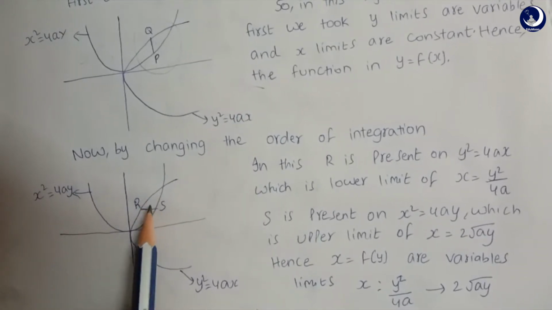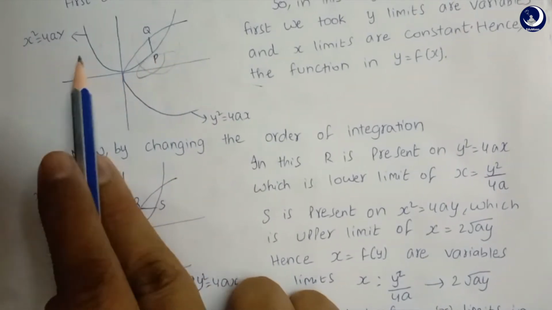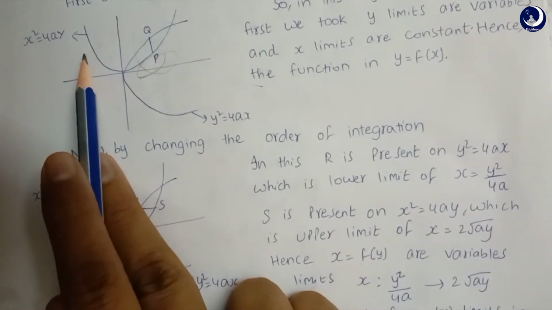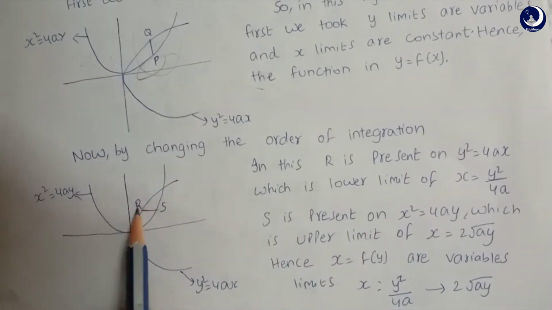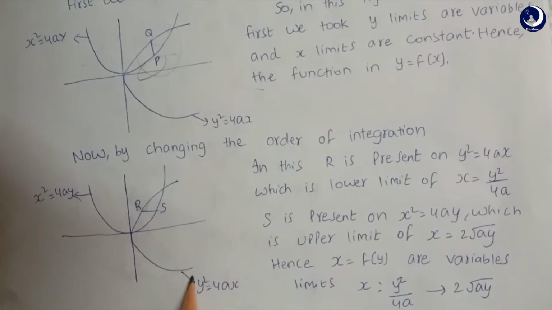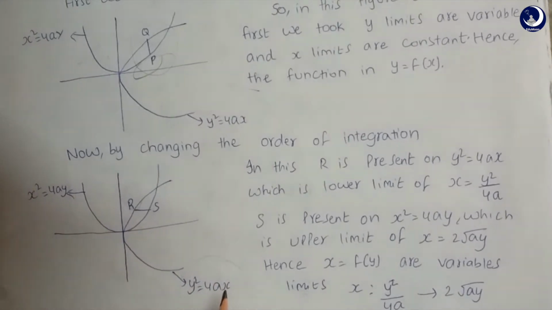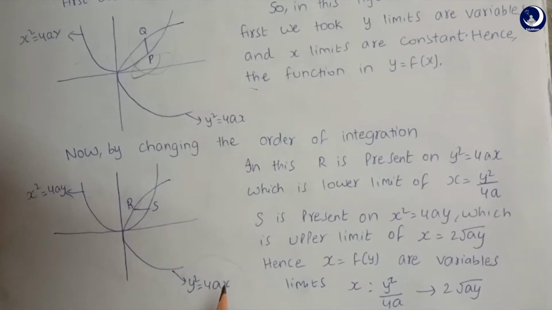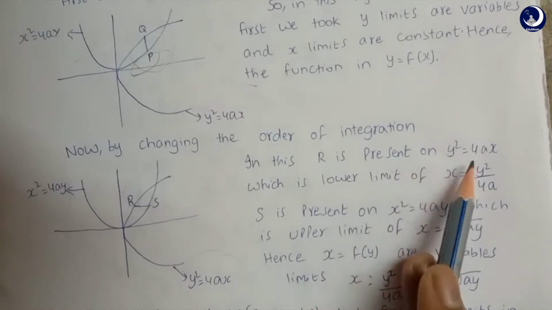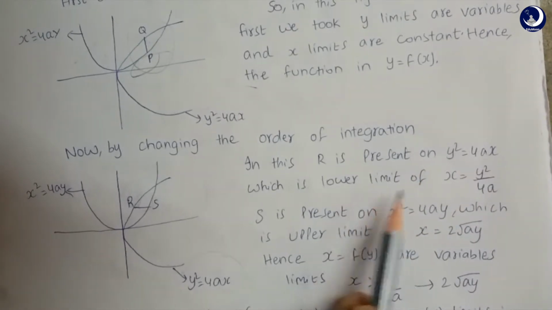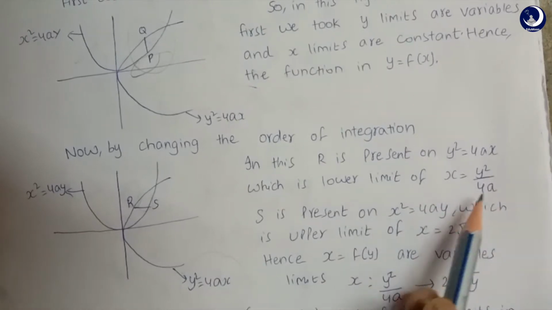There, first, P is at the point on x squared equal to 4ay, that's why we took y equal to x squared by 4a as the lower limit. Now R is on the y squared equal to 4ax function, so we have to take the x limits, which are variables. Based on R, which is present on y squared equal to 4ax, the lower limit of x is x equal to y squared by 4a.